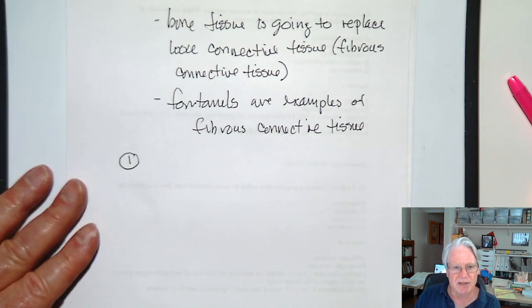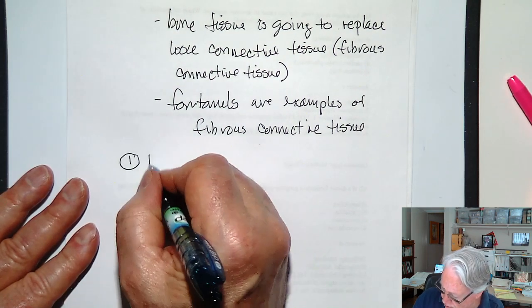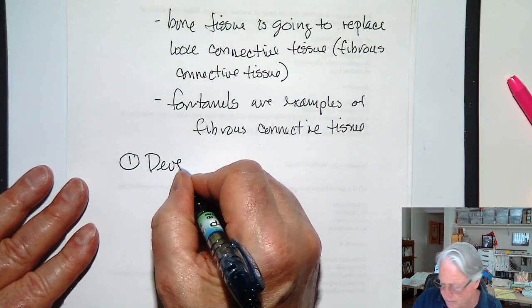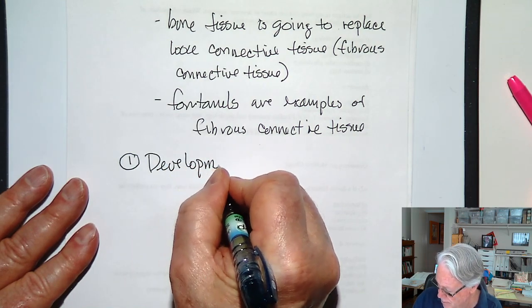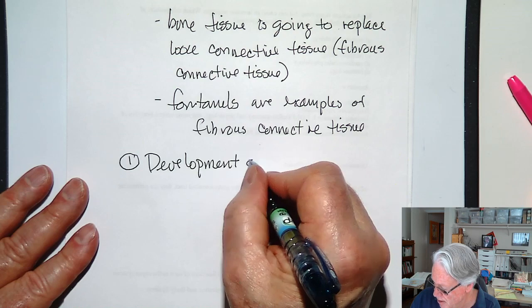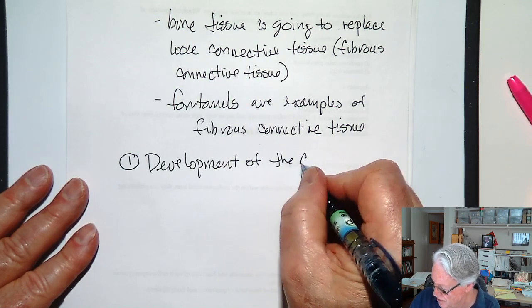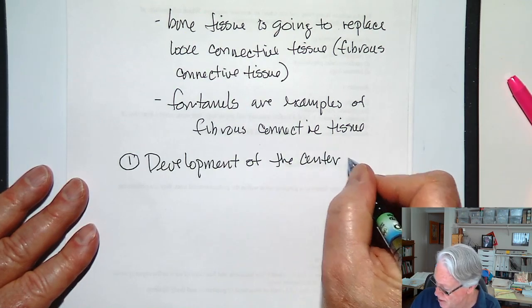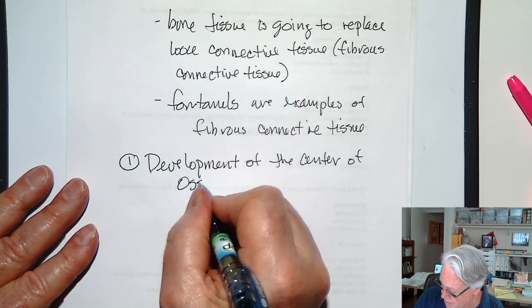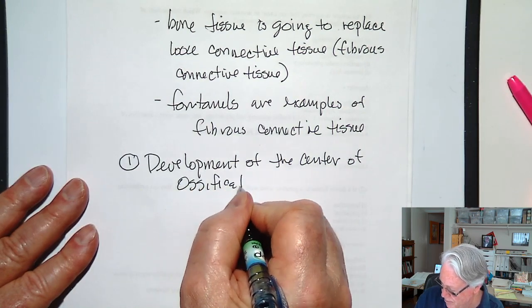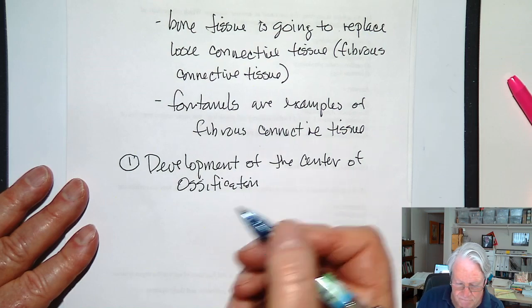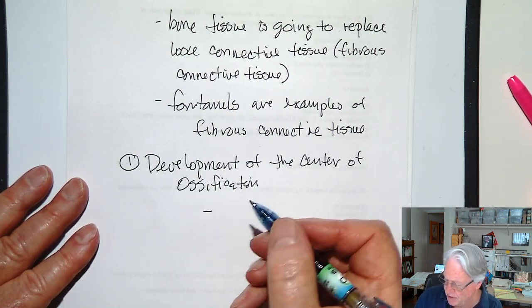All right, so we're going to get down in our notes first, and this first step is going to be the development of the center of ossification. Okay. And this involves a couple of things.